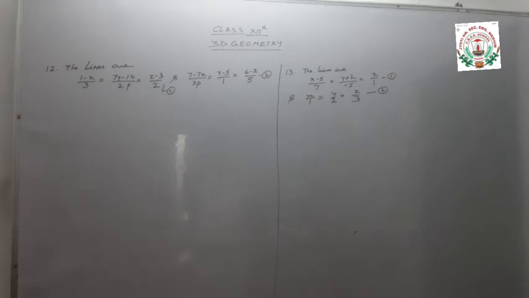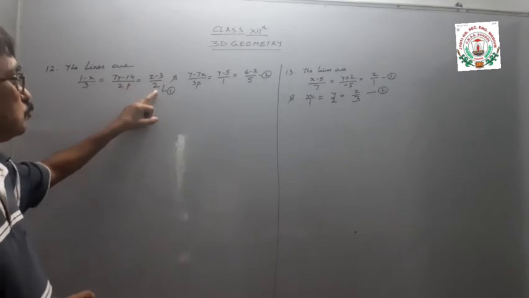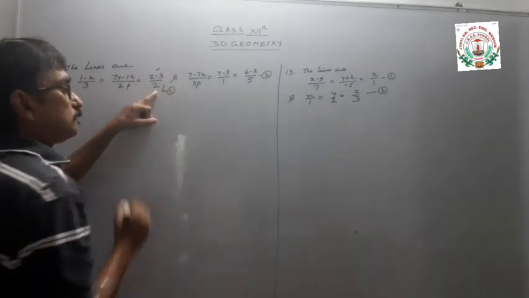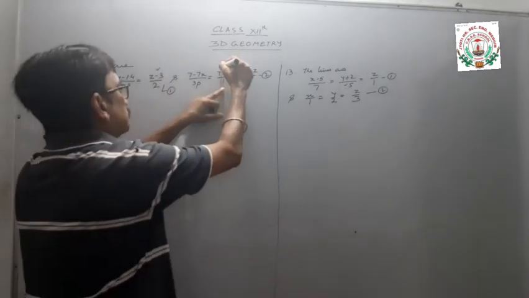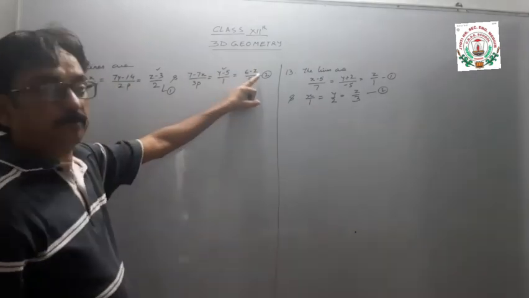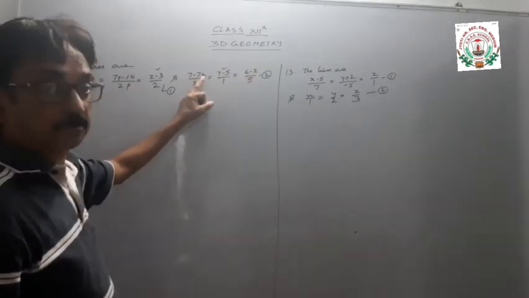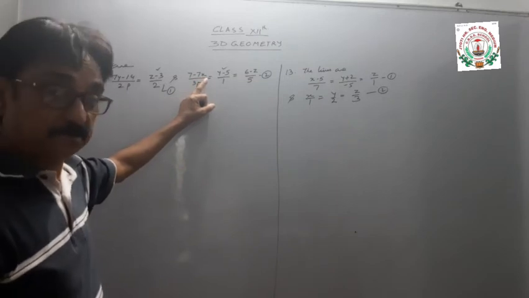Now let's move to question number 12. Here you will follow the previous questions I was explaining. The lines are (1 − x)/3, यहाँ पे देखिए x पहले नहीं आ रहा, y का कोफिशिएंट 7 हो गया, 1 नहीं है, यहाँ (z − 3)/2, it is okay, this one is okay, this one is also okay. यहाँ z बाद में आ रहा, यहाँ पे x बाद में आ रहा और कोफिशिएंट भी x का 7 है.